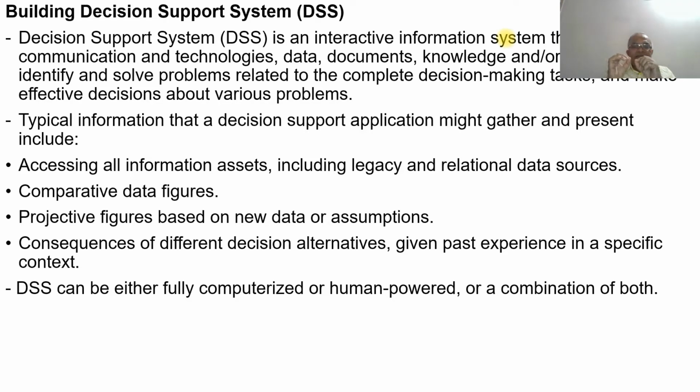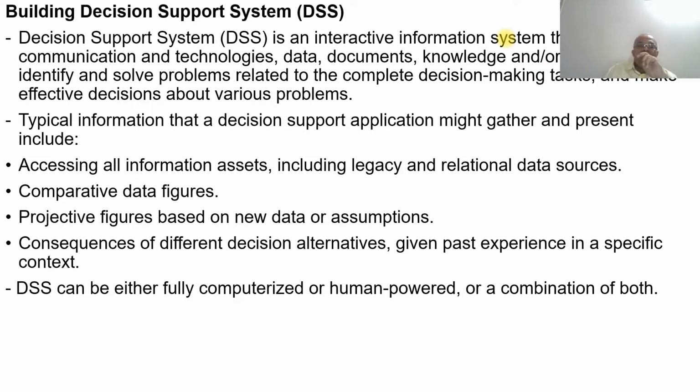Typical information that a decision support application might gather and present. What information are we going to gather in this decision support system? Accessing all information assets, including legacy and relational database sources, comparative data figures between organizations, and projective figures based on new data or assumptions. That means what the projected sales will be, or the projected outcome of my product development.